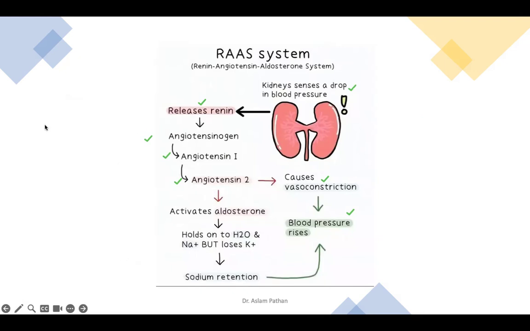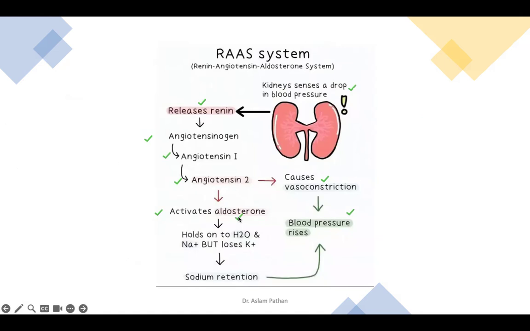In the second mechanism, angiotensin 2 leads to activation of aldosterone.